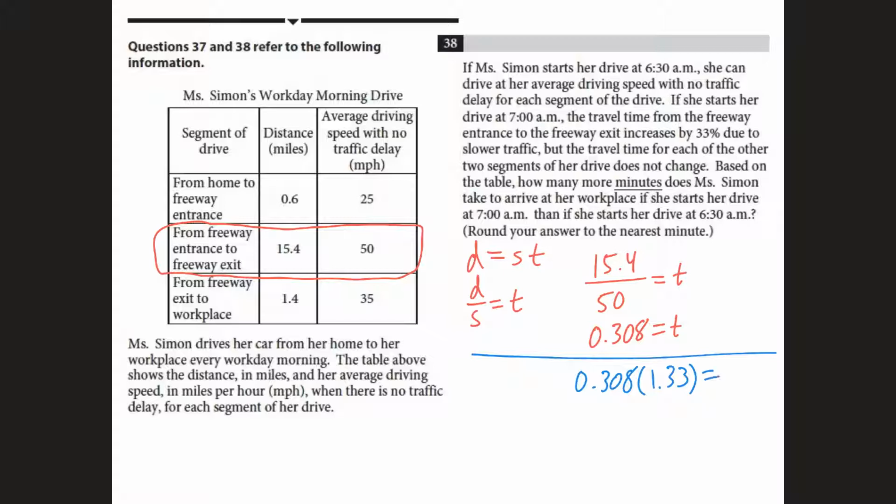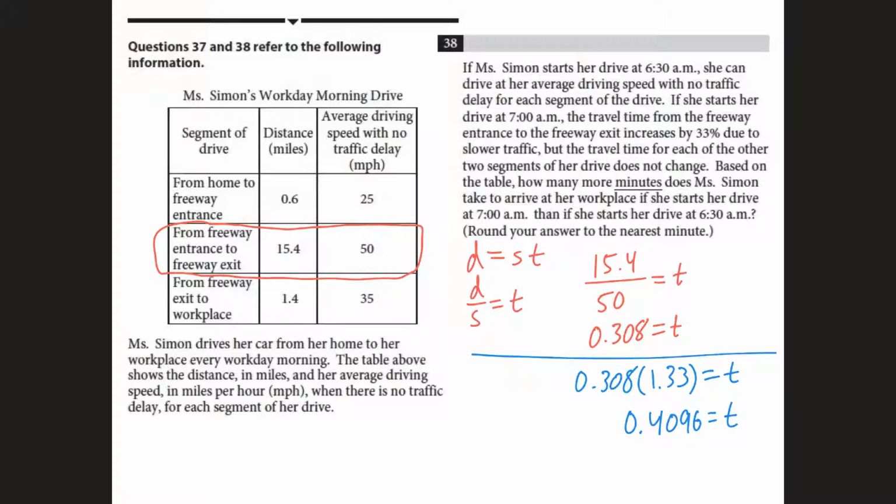Close enough. Will equal the time at 7 o'clock. Plug that in my calculator. I'm going to get 0.308 times 1.33, so 0.4096. Okay.